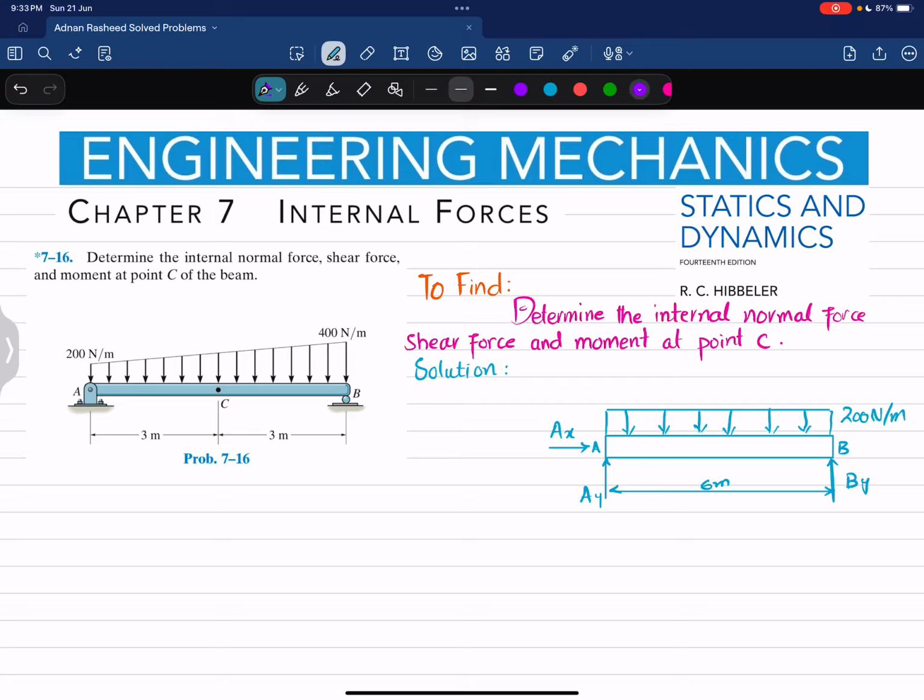I will choose another color. For that, if I draw a line from here, this will be 200, and here we will have another, second load, which is a triangular load, shown in green color. I will draw it like this.